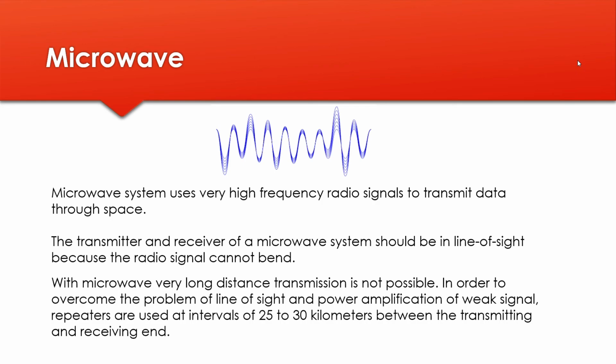In order to overcome the problem of line of sight and power amplification of weak signals, repeaters are used at intervals of 25 to 30 kilometers between the transmitting and receiving ends. Unlike radio waves at lower frequencies, microwaves do not pass through buildings well.